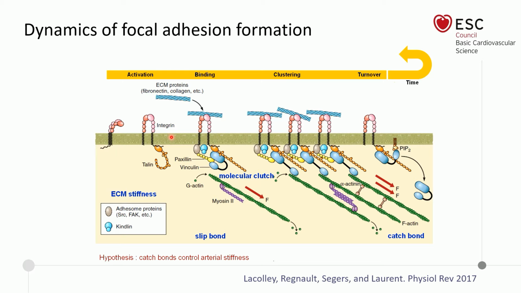And this produces modification of proliferation and migration of vascular smooth muscle cells into the intima. So at this time, the hypothesis is to determine whether the level of catch bond is able to control vascular remodeling during aging.